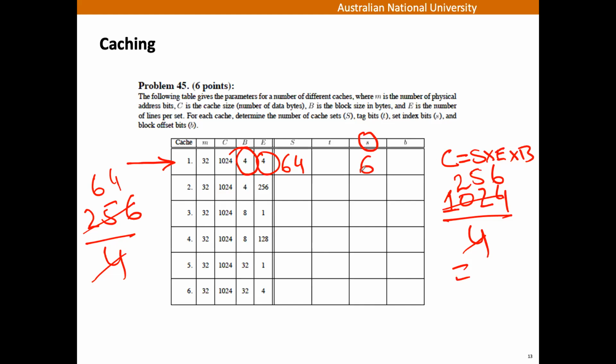How many bits do I need to index a byte in a block? What's my line size? Where is my line size? 2. So how many tag bits? Whatever remains, 24. So 24 tag bits.